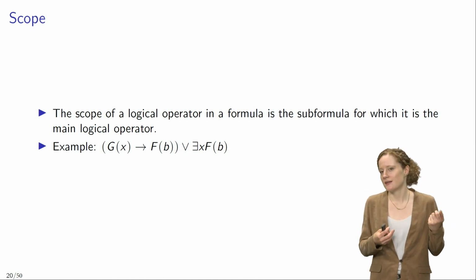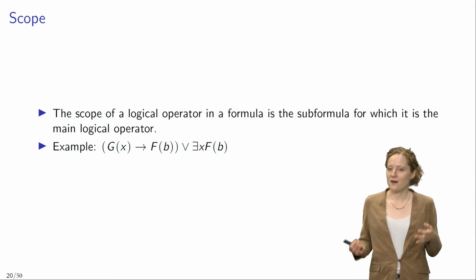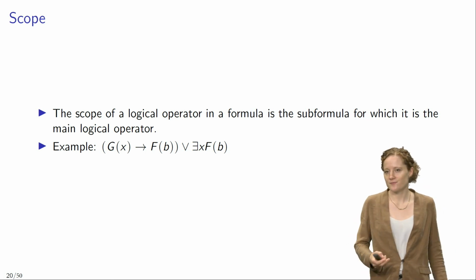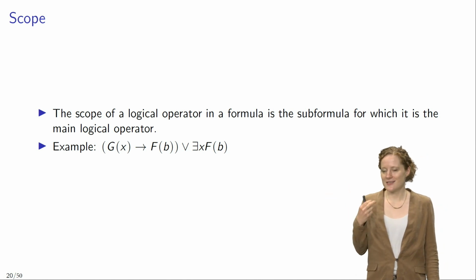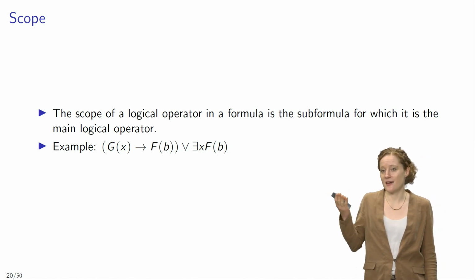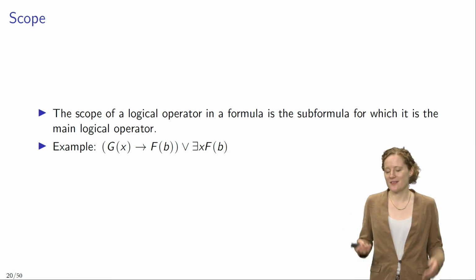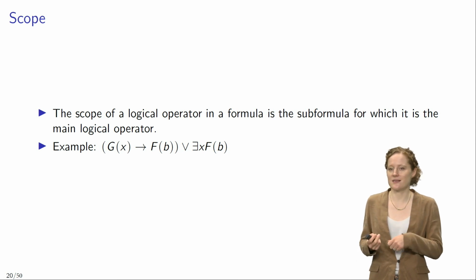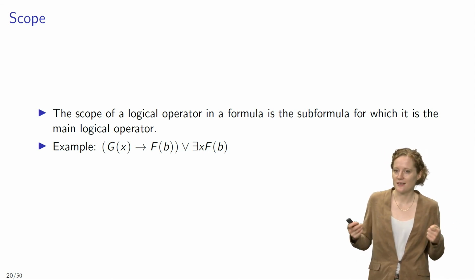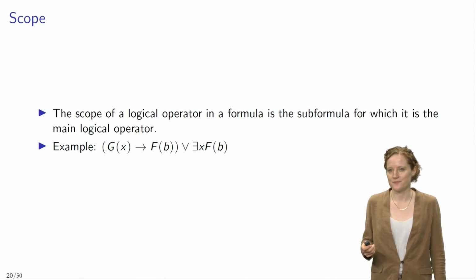So the two atomic formulas, Gx and Fb, on the left-hand side are in the scope of the conditional. And the scope of the existential quantifier is the atomic sentence Fb that you see on the right-hand side. And then the scope of the disjunction sign are two sentences, namely the conditional on the left-hand side and the existentially quantified sentence on the right-hand side.